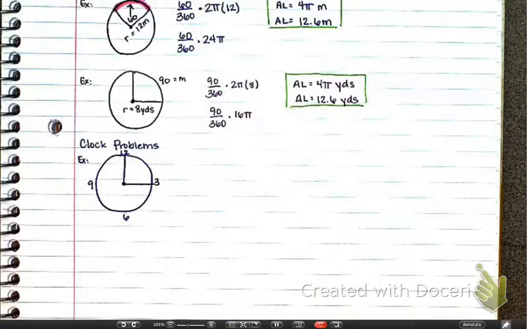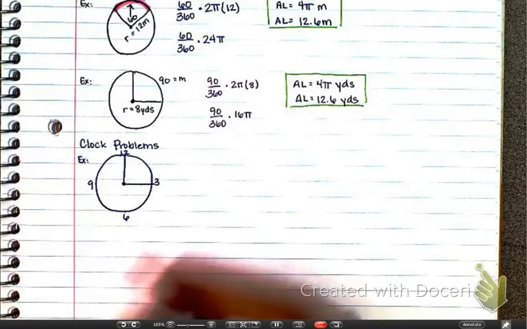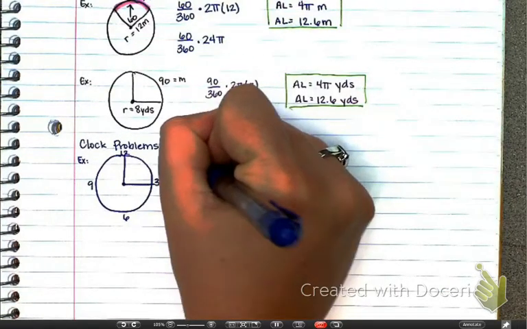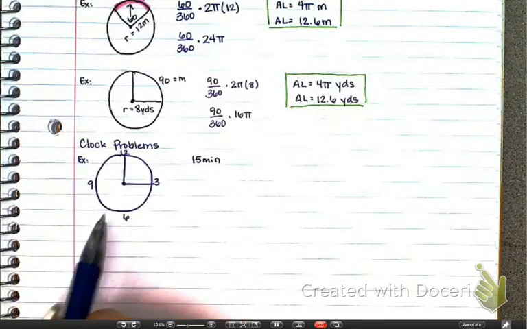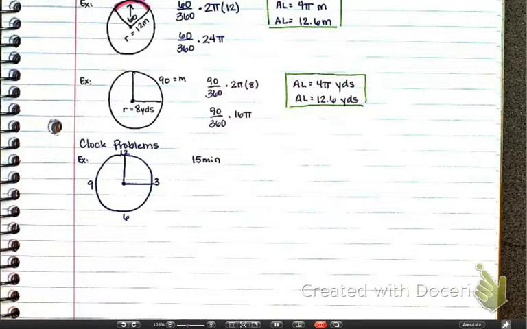It can be 3 o'clock to 3:15, but it's a 15-minute span. Sorry, I said 12 to the 1, but it's 12 to the 3. Everyone okay that it's a 15-minute span?